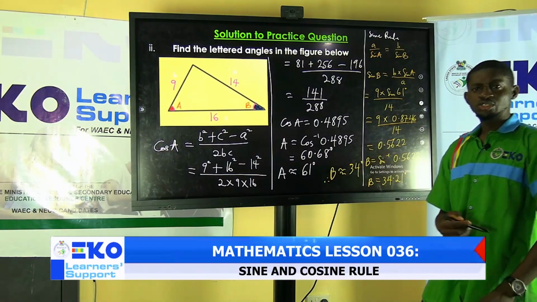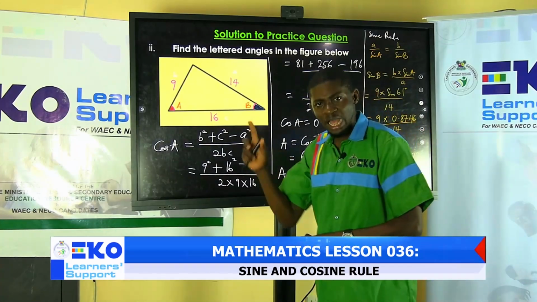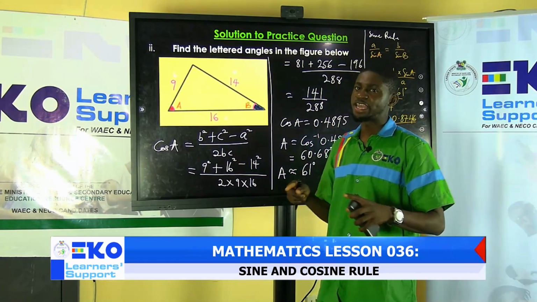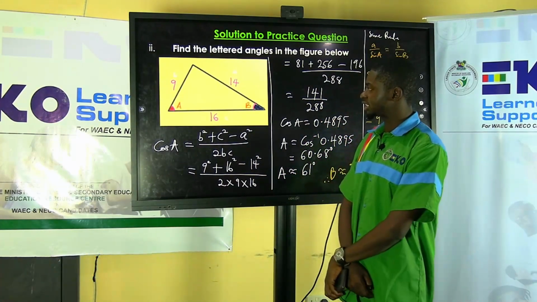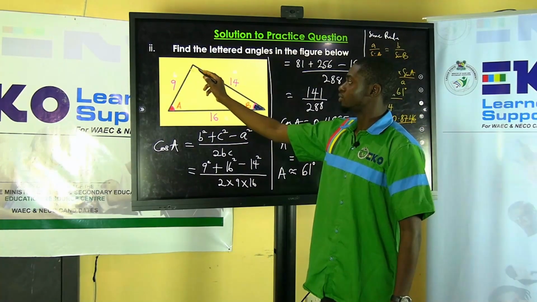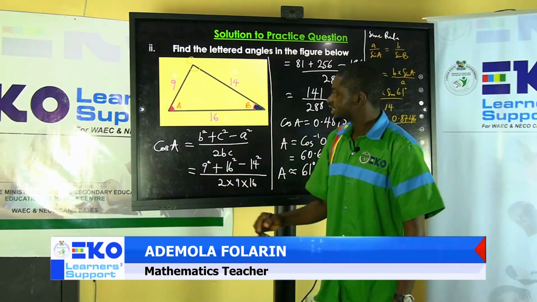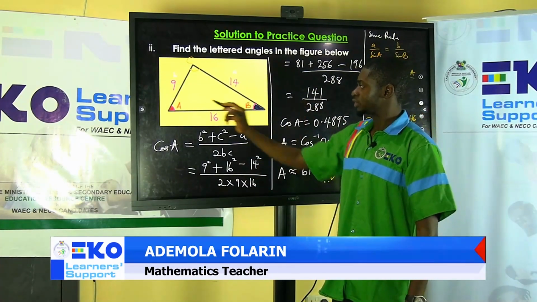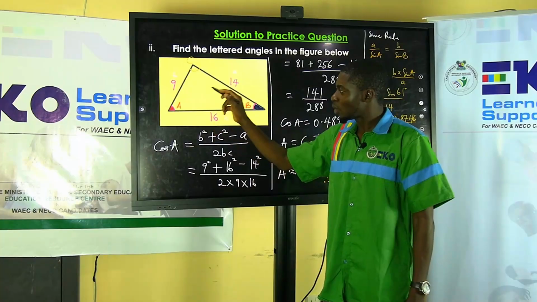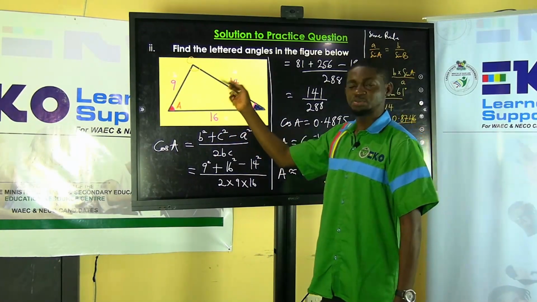Let's now use the logic I told you earlier to confirm that the largest angle always has the longest side. Which is the longest side? 16, right? So we expect this angle, which is angle C, to be the largest. Which is the second largest? 14. We expect this to be the second largest. That means our angle A must be greater than angle B, and angle C must be greater than all of them.